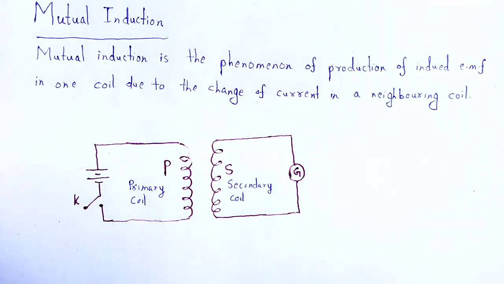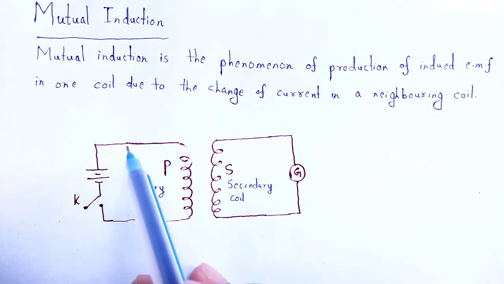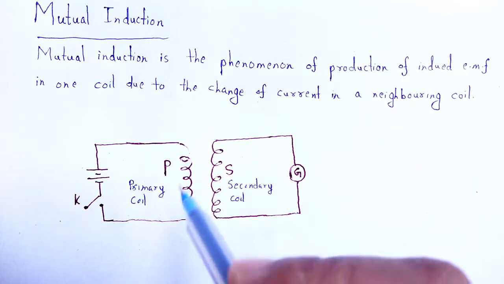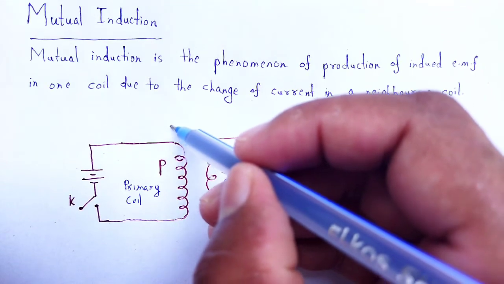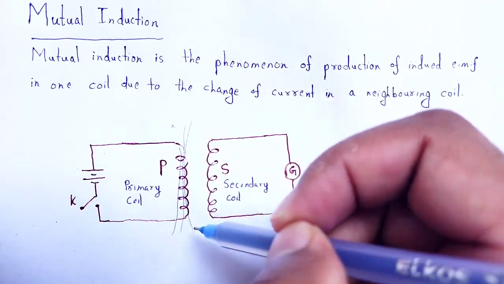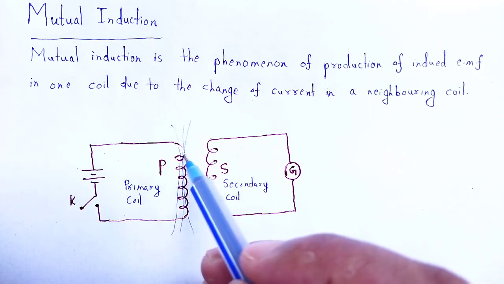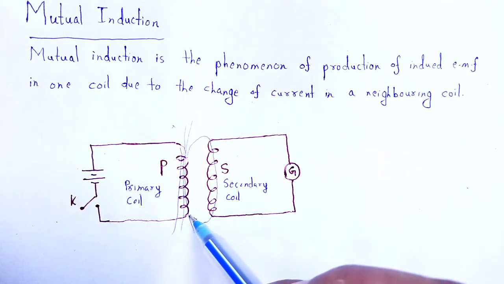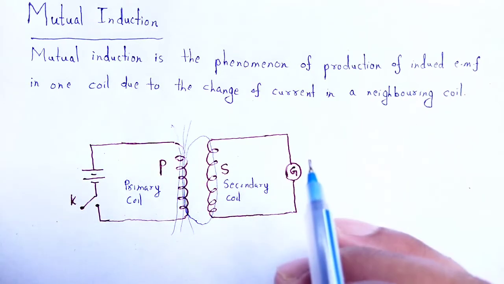Look here, when the key is on, the current through the primary coil produces magnetic field lines. Inside the coil there will be magnetic field lines, and also magnetic field lines through the coil S due to the current in the primary coil.